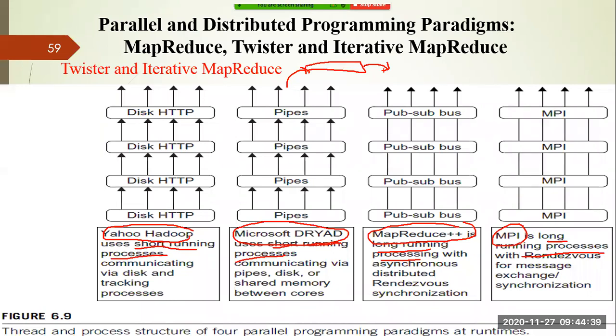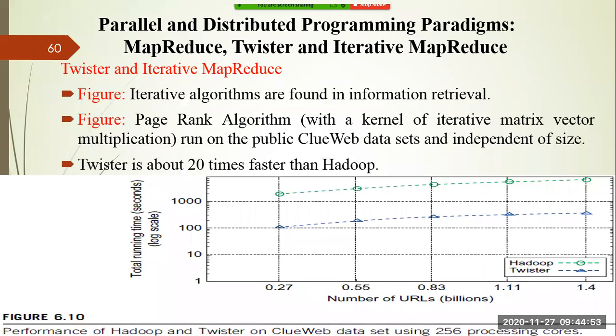Similarly, MPI also uses message exchange or synchronization in order to keep the same data in multiple nodes, right? Similarly, if you compare Hadoop with Twister, with the same factor, that is the total running time, who is taking more time? Hadoop is taking more time in comparison to Twister.